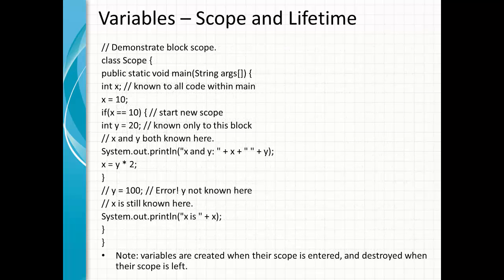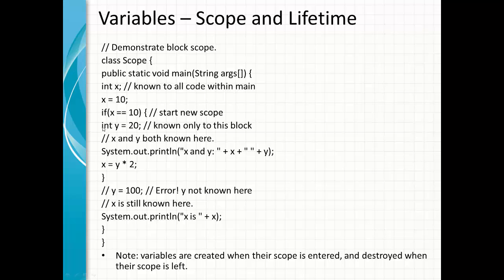Now, next is another example over here. We started one class, and this is our method. I define one variable over here. In this method, it is known to all code within main. So main is our method over here, and this X is visible to all code within main.